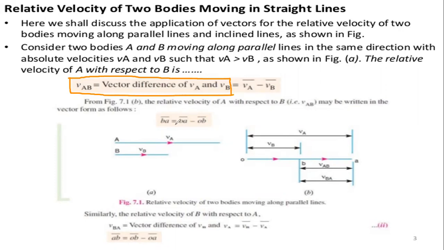The relative difference is taken as VA bar minus VB bar.